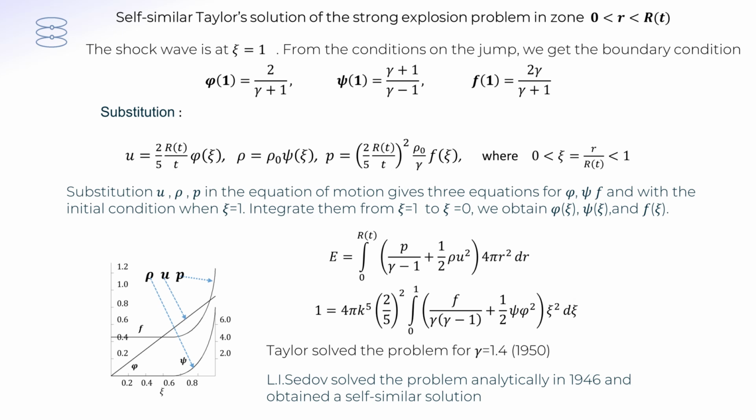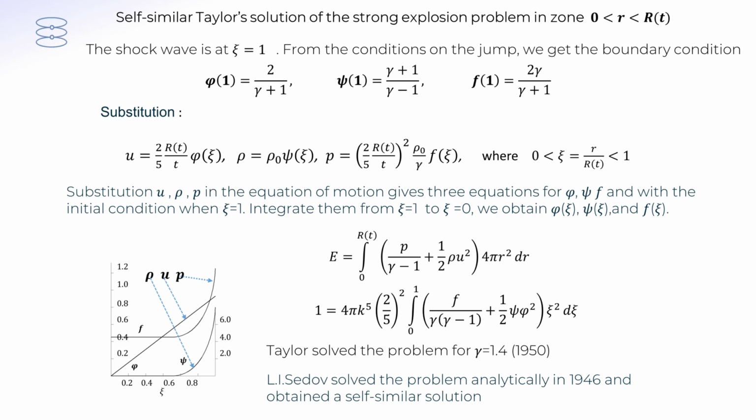The shock wave is at non-dimensional distance equal to 1, and the point of explosion at 0. From the conditions of jump, we get boundary conditions. They are very simple, with non-dimensional functions for description of velocity, density, and pressure.